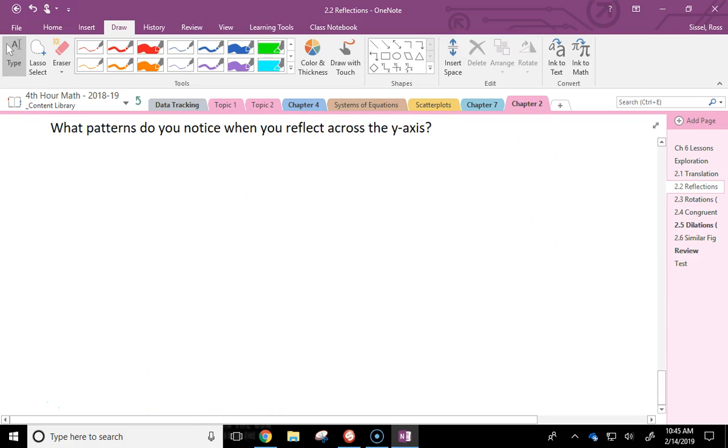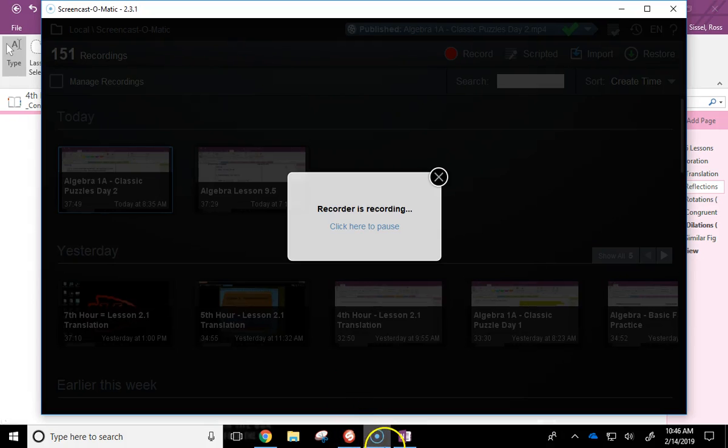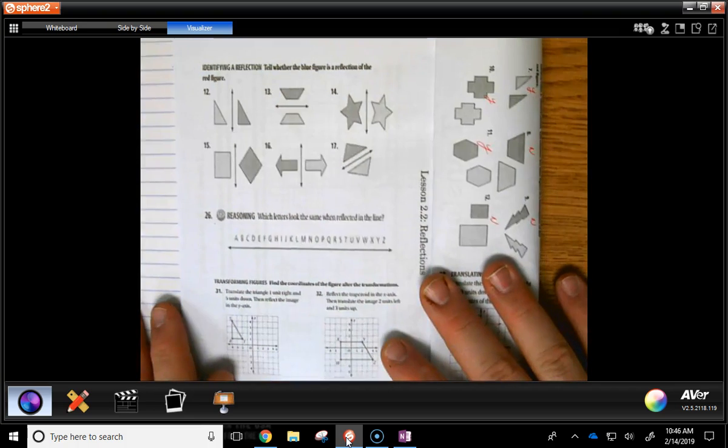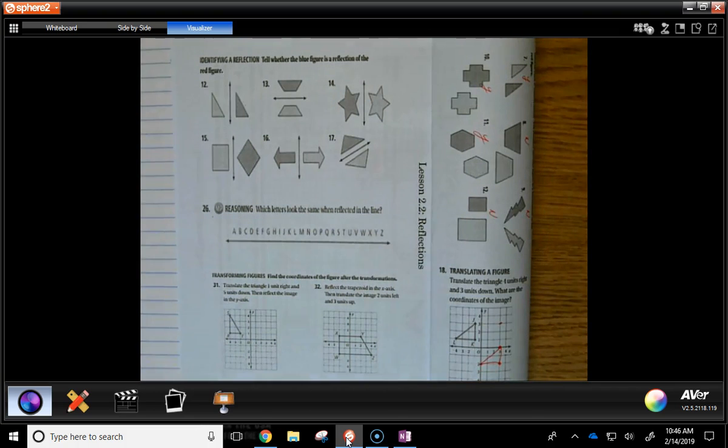What I want you to do, we still have about 4 to 5 minutes. Let's look at your homework for tomorrow. 12 through 17, I know the number because we copied them from somewhere else.